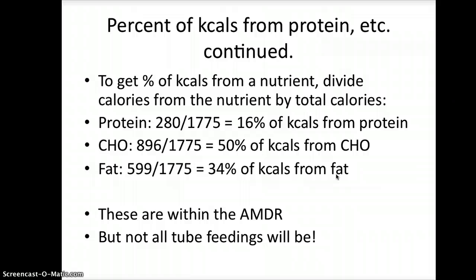So some of these formulas are designed to meet the specialized nutrition needs of patients, and so it makes sense that their percent of calories from protein, carbohydrate, and fat may be higher or lower than the acceptable macronutrient distribution range. For example, a particularly high protein formula for certain patients is going to have a percent of calories that is greater than the AMDR for protein, and it's specifically designed that way.